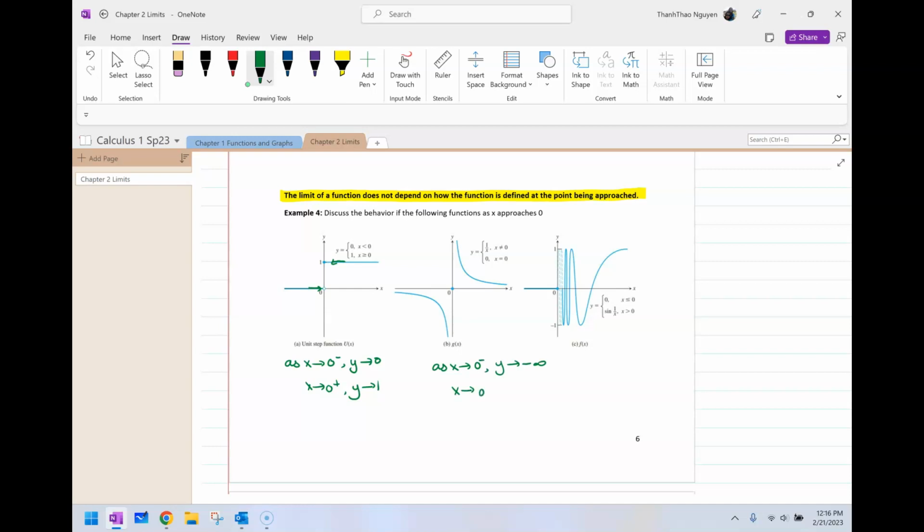As x approaches 0 from the right, y approaches positive infinity. In another case, as x approaches 0 from the left, we can see that y approaches 0. But as x approaches 0 from the right, we can see that the function is oscillating here. So we don't know exactly what value we're looking for. So the limit does not exist. Okay.